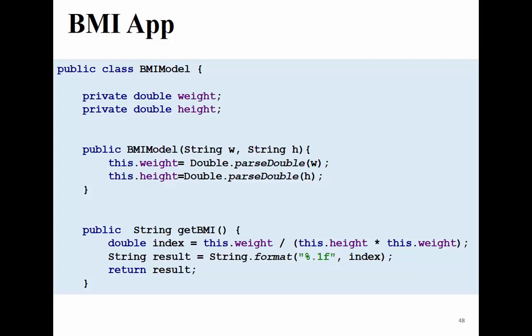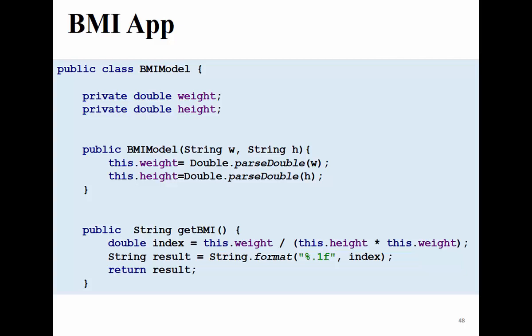Now, you decide to have one constructor. You have to send the weight as a string and the height as a string. Inside this constructor, you deal with the problem of converting a string to double, then assign it to this dot weight. this is a keyword always pointing to the object that is being constructed right now.